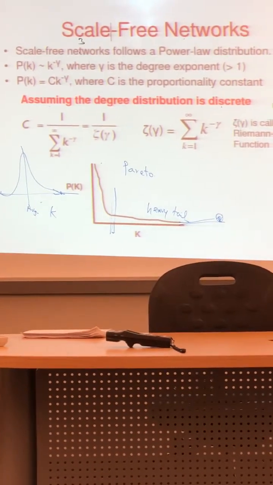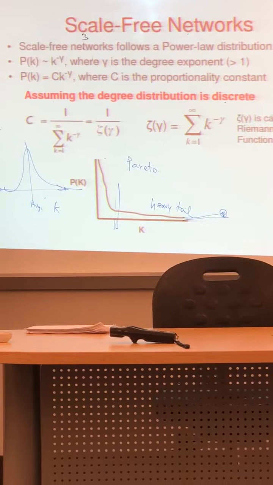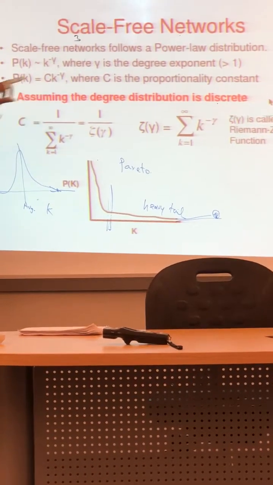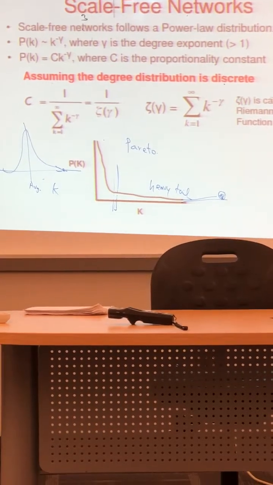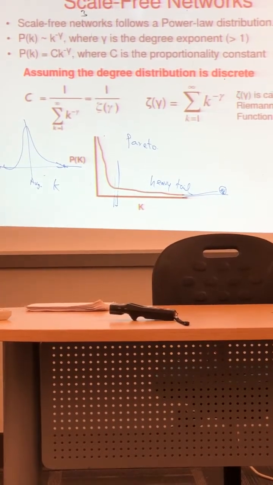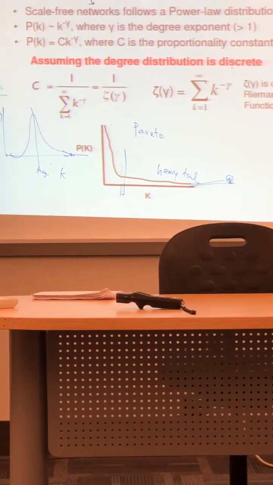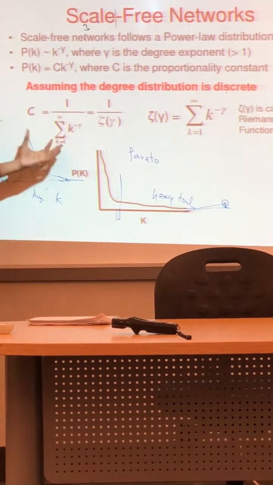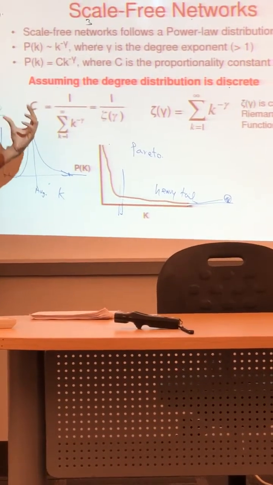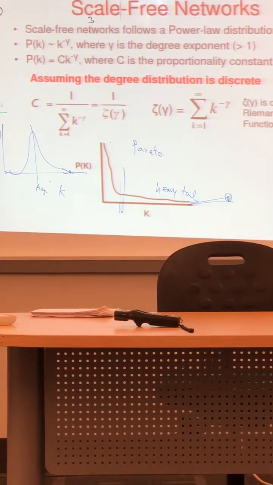So let us analyze this model more. The first thing is, let us say we want to find what the value of this proportionality constant could be for a given gamma. If your gamma is known, we can find a value for this proportionality constant. How? Just some fundamentals of probability. The sum of all the probability values should be what? 1.